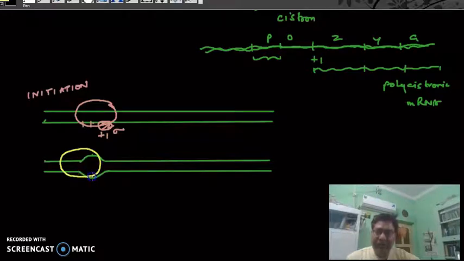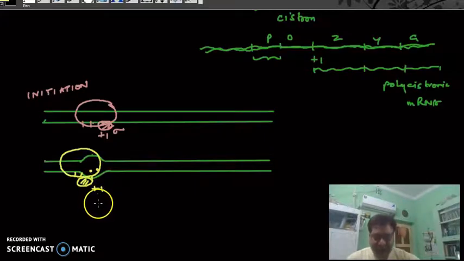Say this is the +1 site where the transcription will start, and this is where the TATA box works and the recognition site also, -10, -35. So initiation means the melting of the double-stranded DNA first and bringing of 2 nucleotides at the start site.